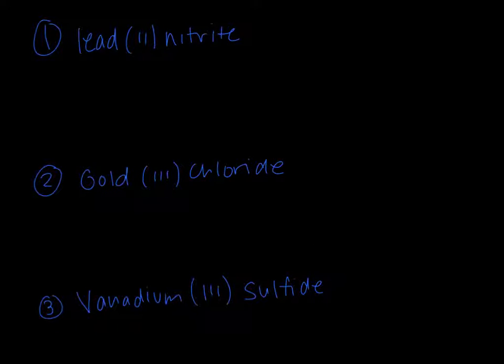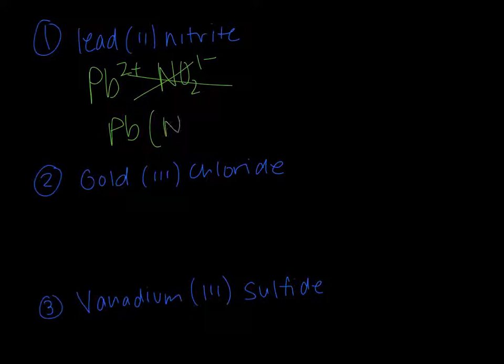All right, so we're just going to write a few of the compounds real quick, the formulas from the compounds. So we just have to write down the ions and crisscross them down. So lead 2 is Pb2 plus, and nitrite is NO2 1 minus. So crisscross, and I get Pb, and remember nitrite has to be in parentheses because we need 2 of all of this, not just 2 of oxygen or 2 of nitrogen.